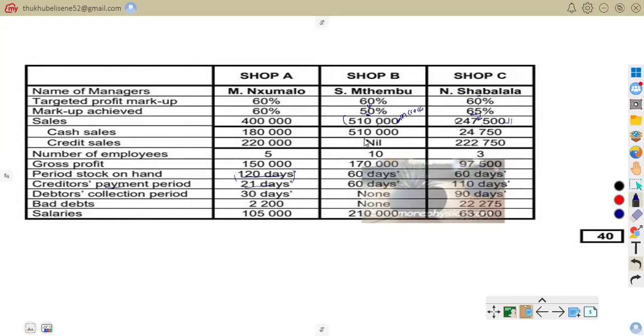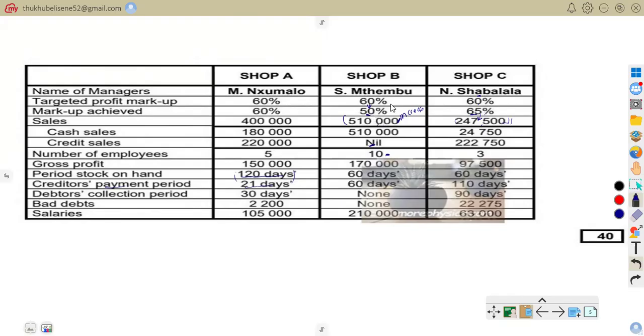Also in shop B, there are no credit sales. That is a problem. The credit sales is nil, as we can see. Also in shop B, we have too many workers. As you see, that is 10.